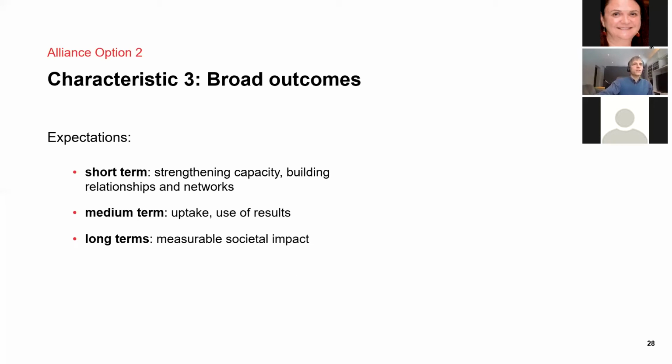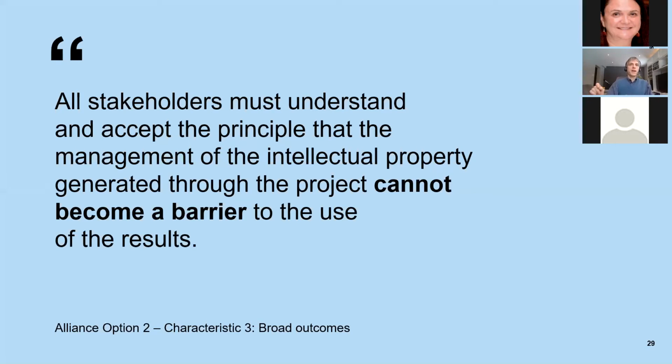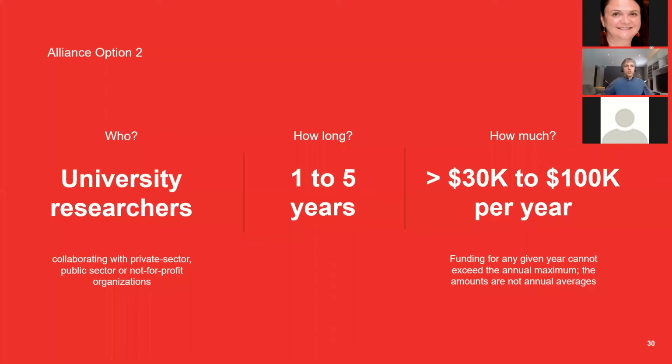There should also be short-term, medium-term, and long-term benefits that will have measurable impact on society. And we expect that intellectual property will not be a barrier to the use of the results. So it's broad implementation that we're looking for in these projects.